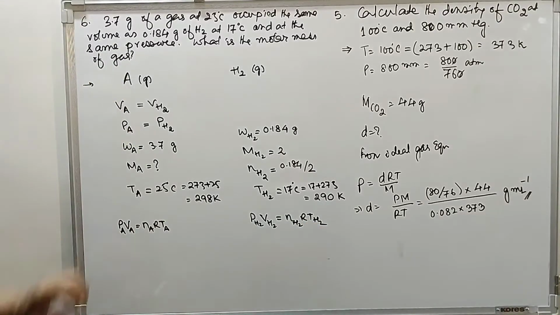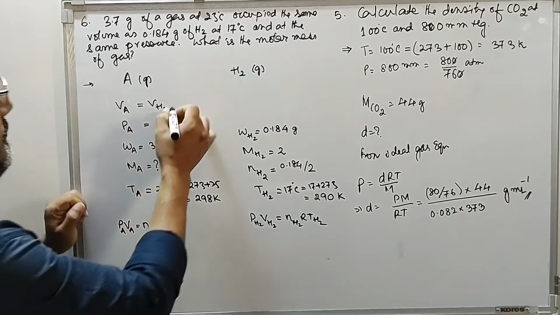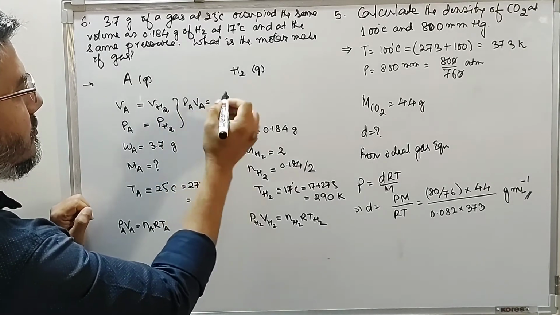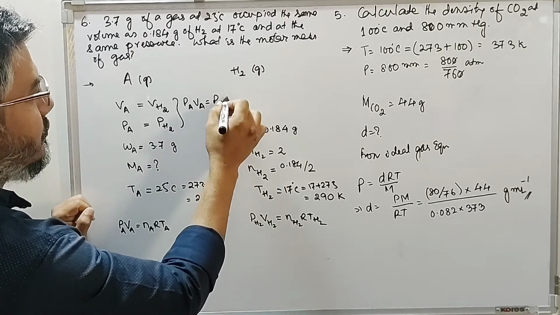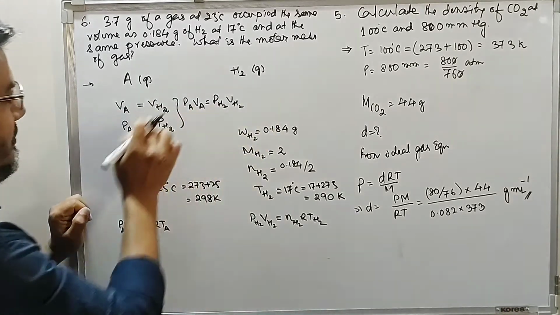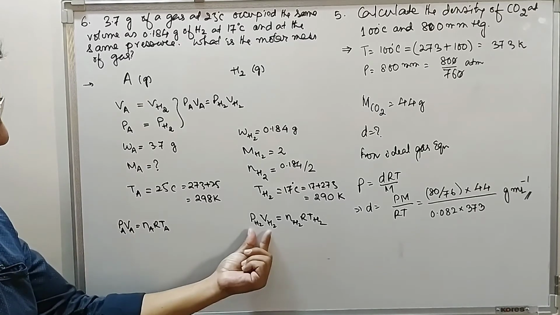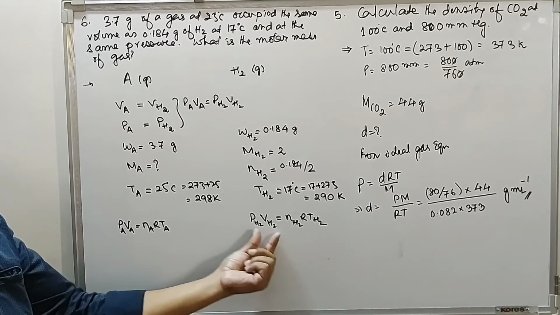Now look at this. PAVA is equal to PH2 VH2 because pressure and volume are the same.